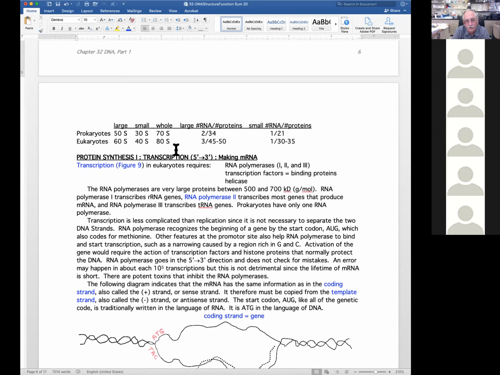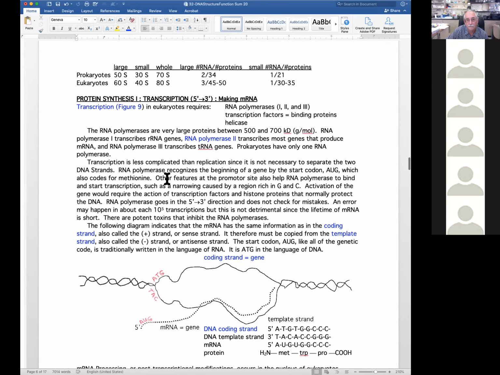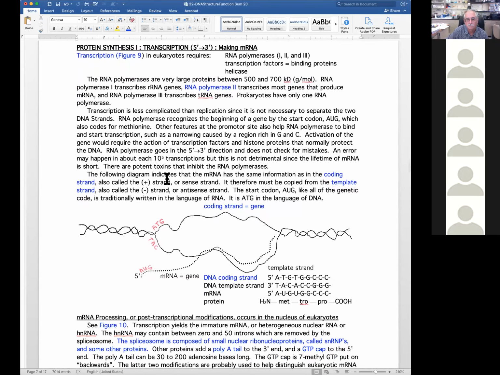Because eukaryotes are always being attacked by prokaryotes, it's logical to assume that the different ribosomes and the different messenger RNA processes are meant for eukaryote cells to protect themselves from bacterial DNA and RNA. So any questions so far?